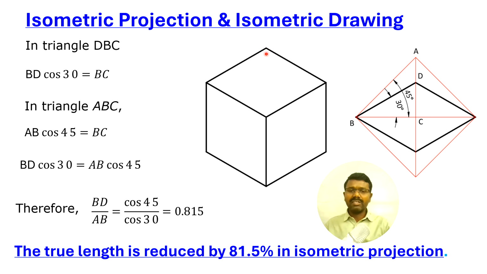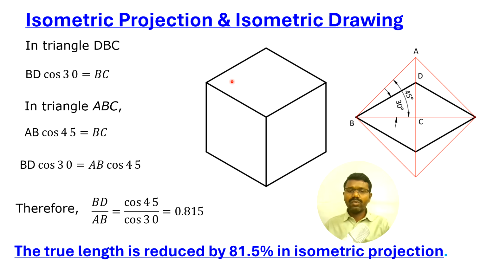Here the actual dimensions of this object are, let us say, 1 meter, 1 meter, 1 meter. And the actual shape of this surface of the cube is a square. But here in the isometric view, this square appears like a rhombus.